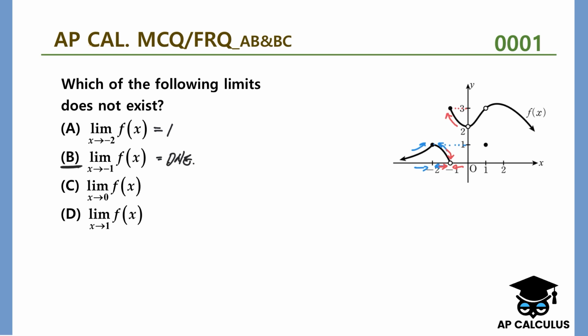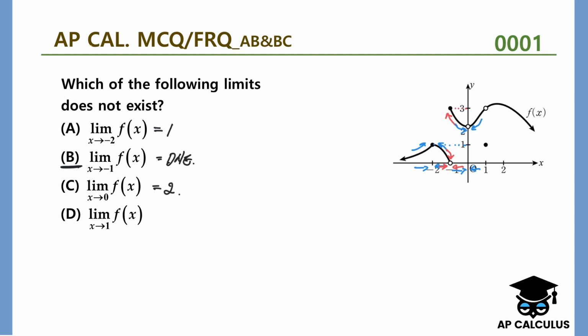Let's look at answer choice C. As x approaches 0, right? So let's look at the left-hand limit first. As x approaches 0 from the left-hand side, it approaches 2, right? From the right-hand side, it also approaches 2, right? So the limit value is 2.